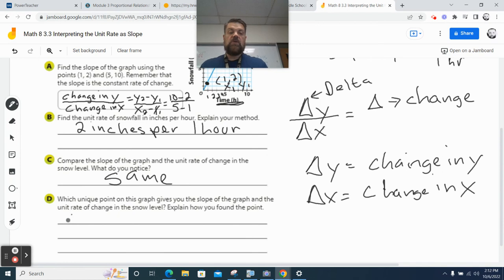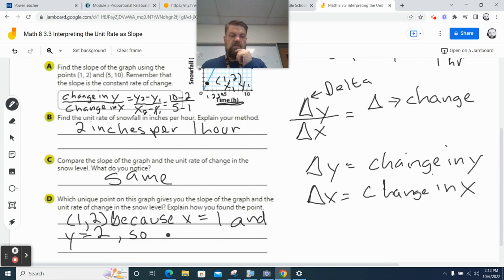So the unique one is 1 comma 2, because x equals 1 and y equals 2.